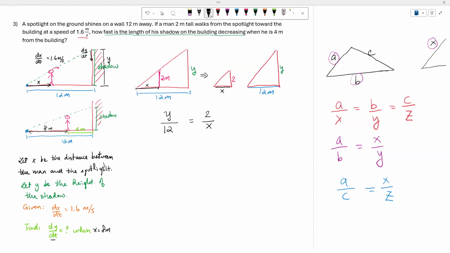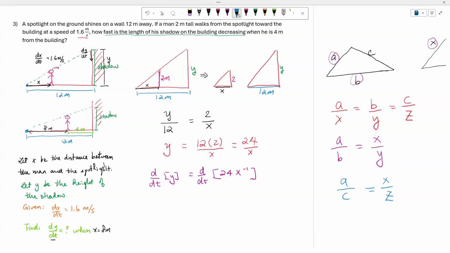The easy way is to solve for y because we want to find dy/dt. So y equals 12 times 2 over x, which is 24 over x. After we create the equation, we take the derivative with respect to t of 24 times x to the negative 1.